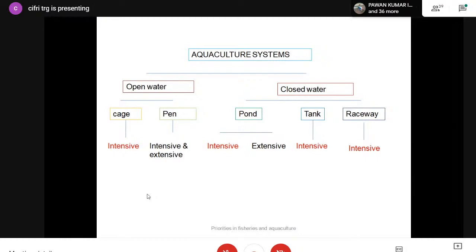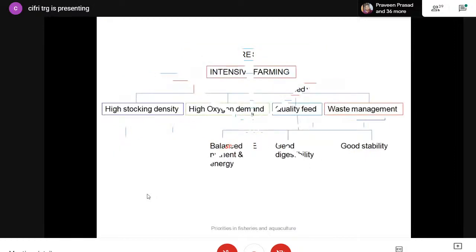And the other systems, you all are probably in the business, you know pond farming is both extensive and intensive. Tank, of course, is intensive. And raceways. And some people, on the inaugural day, were inquiring about the RAS system and the biofloc system. That is also an intensive kind of farming. Now, in intensive farming, we have to take care of a few issues.